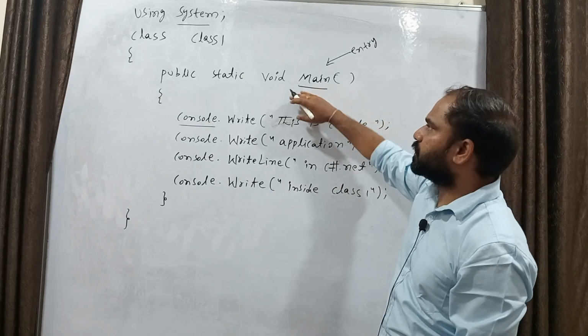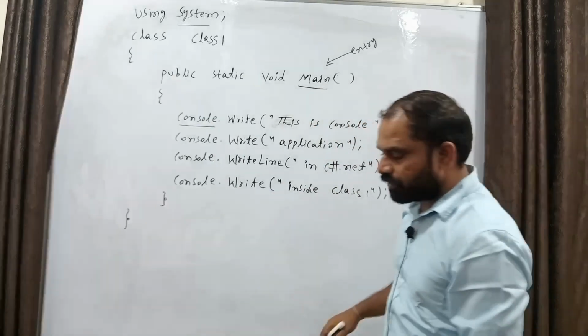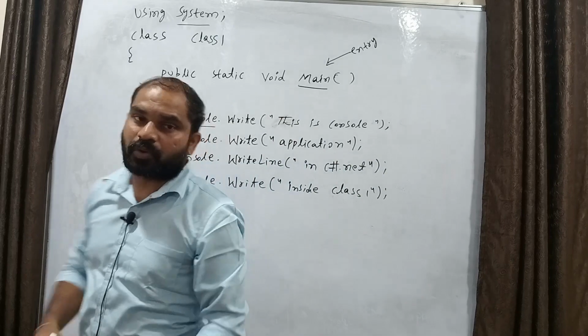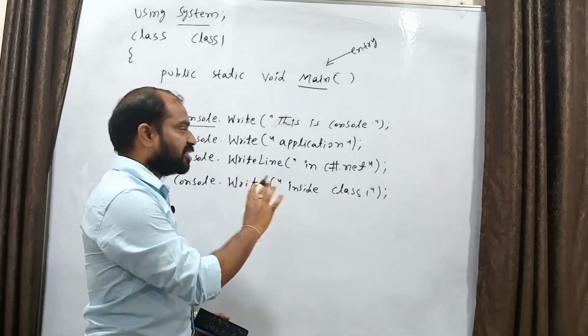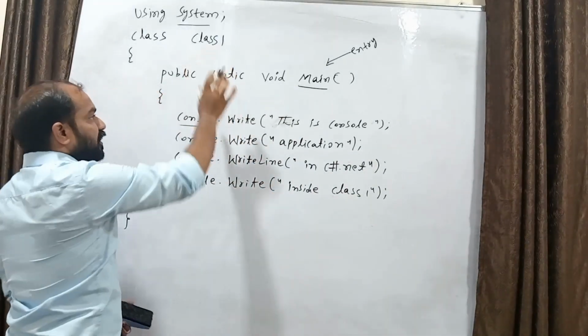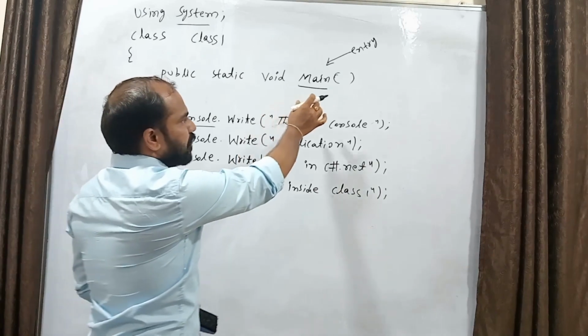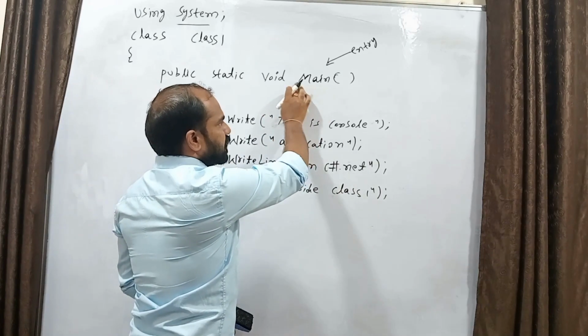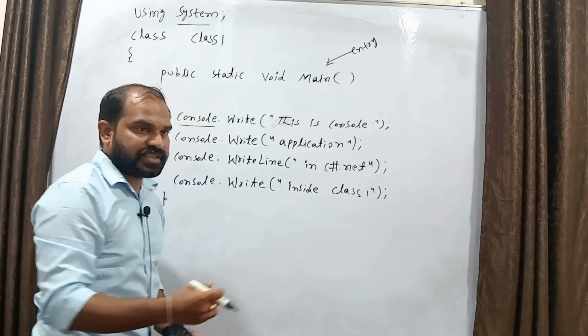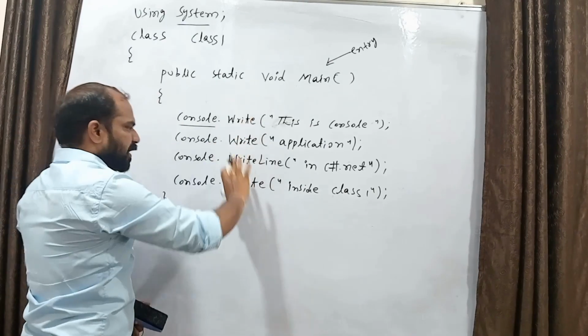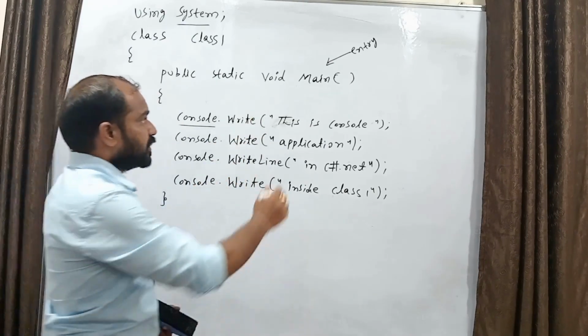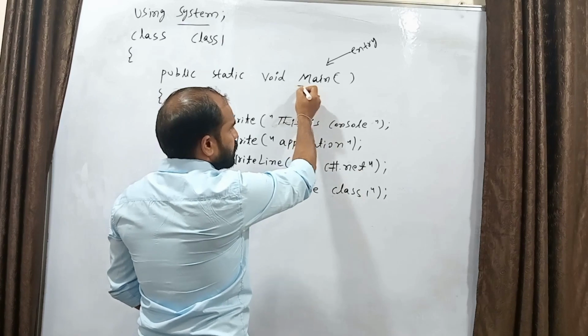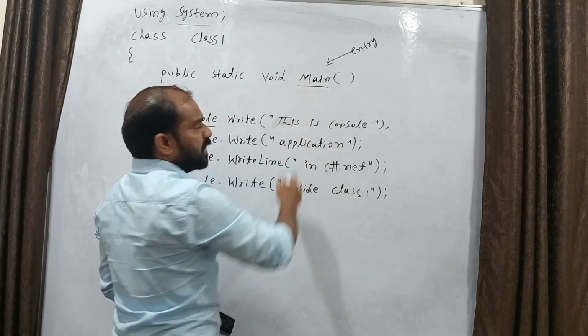Whenever you execute a C sharp program file, first of all it will search for the class, and check whether a Main method is available inside that class. If the Main method exists, it will execute the Main method first. That's why the name of the Main method should be like this only, with a capital M.